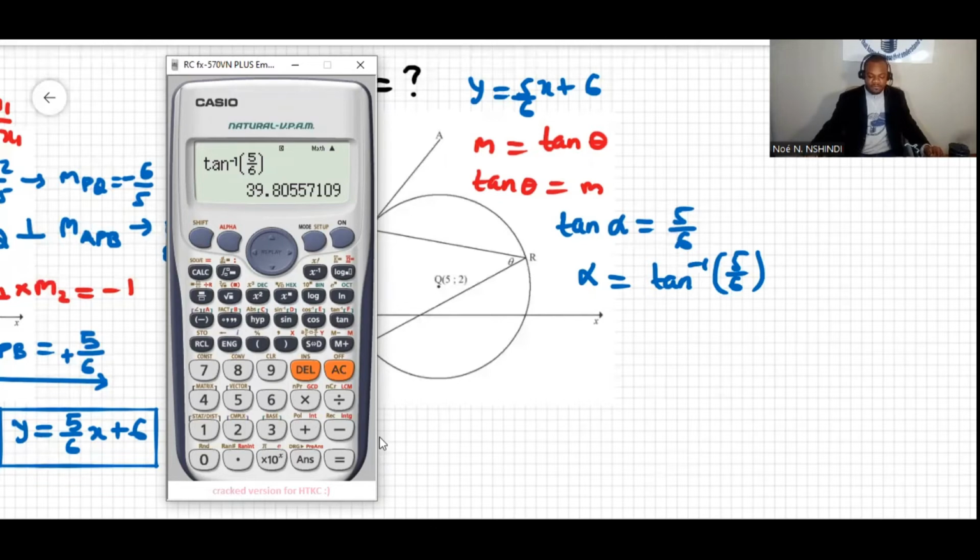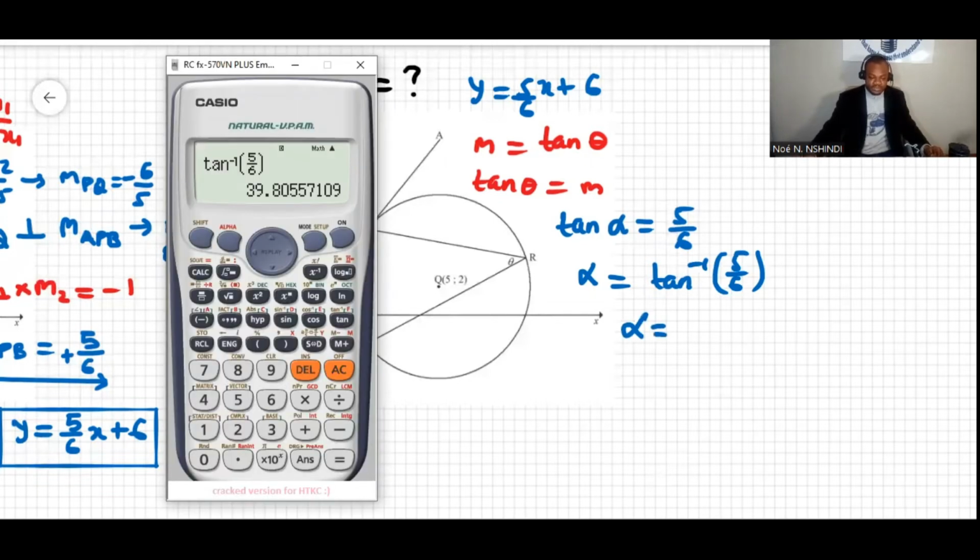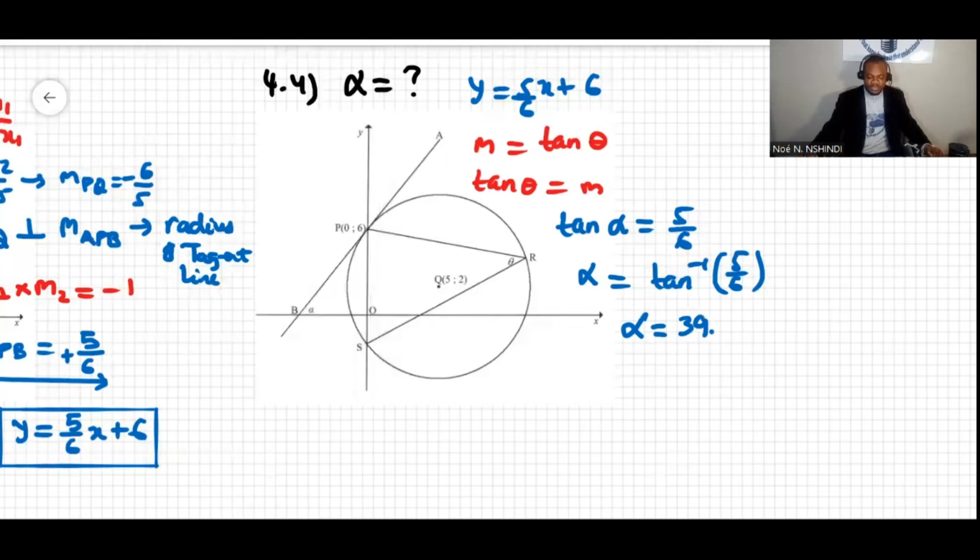Then we get alpha equal to 39.81. We look at the third decimal value, which is 5, so we increase the second decimal by 1. So alpha is 39.81.